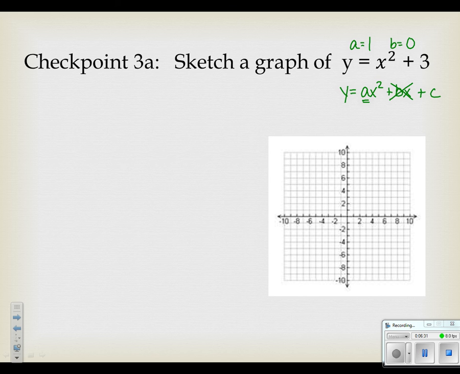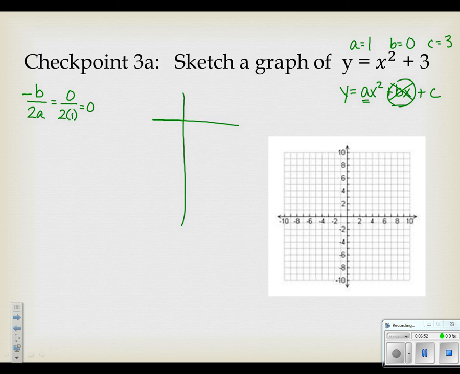B must be 0 because there is no middle term here. And then c is equal to 3. So using that information, I'm going to find that first vertex point for my table. Negative b over 2a is going to end up being 0 over 2 times 1, which is 0. So I can start my table of values.